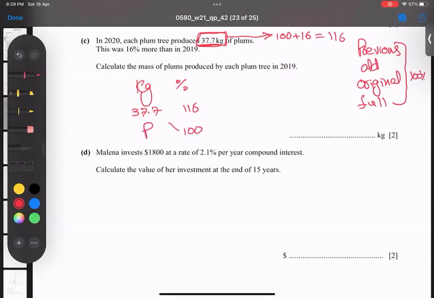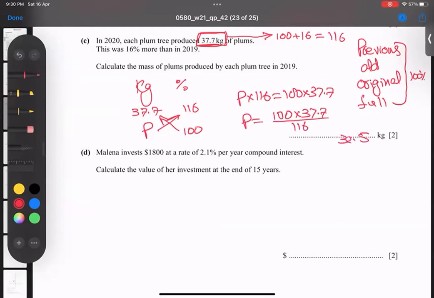P for plum. So now it's very clear: 37.7 times 100 divided by 116. So I got 32.5. If I want to show the working, P times 116 equals 100 times 37.7, then divide by 116. So it becomes 32.5 kilograms.